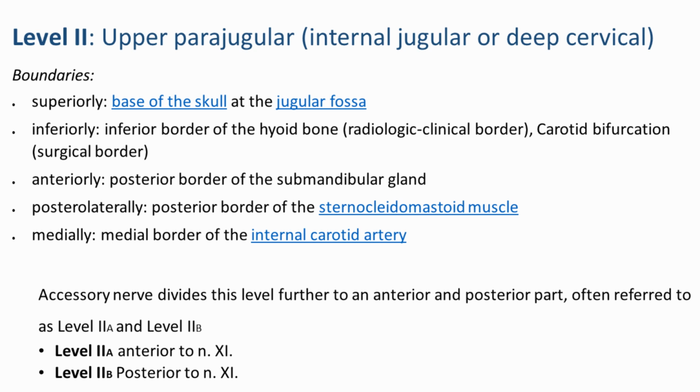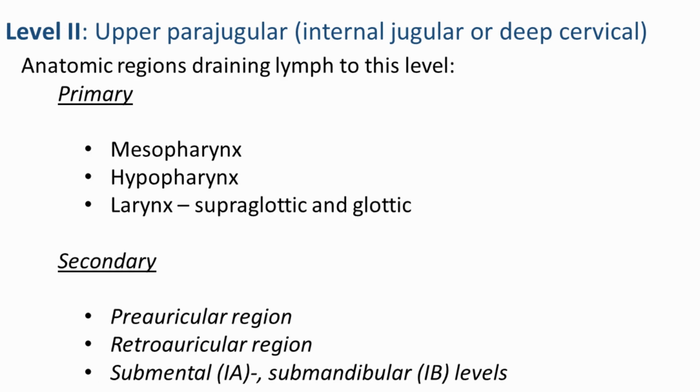Lymph node in level 2 is also called Kuttner's lymph node, and it collects its lymphatic drainage from the mesopharynx, hypopharynx, and supraglottic and glottic region of the larynx. They also form secondary lymph nodes to preauricle, retroauricle lymph nodes and to level 1A and B lymph nodes.